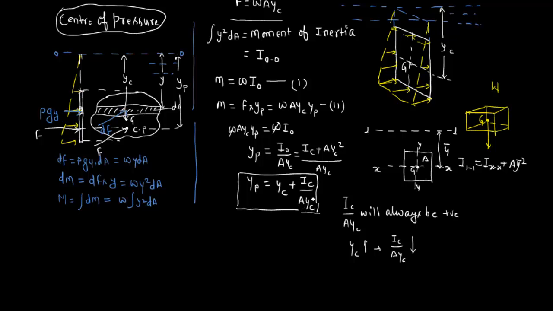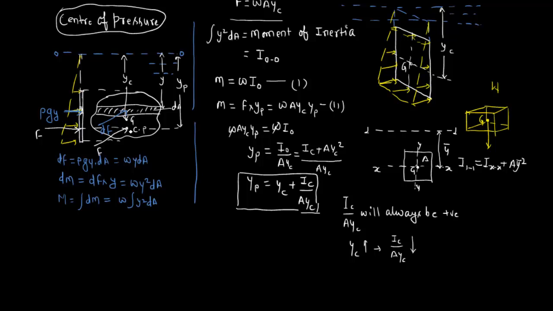As Y_C goes to infinity, the whole term I_C by A Y_C goes to 0. In that case Y_P and Y_C will be equal, meaning the center of pressure and the center of gravity of the body will coincide, and obviously Y_C can't be infinity. So we can conclude that as the body sinks down continuously in fluid, the center of pressure will try to approach the center of gravity, but they will never coincide.